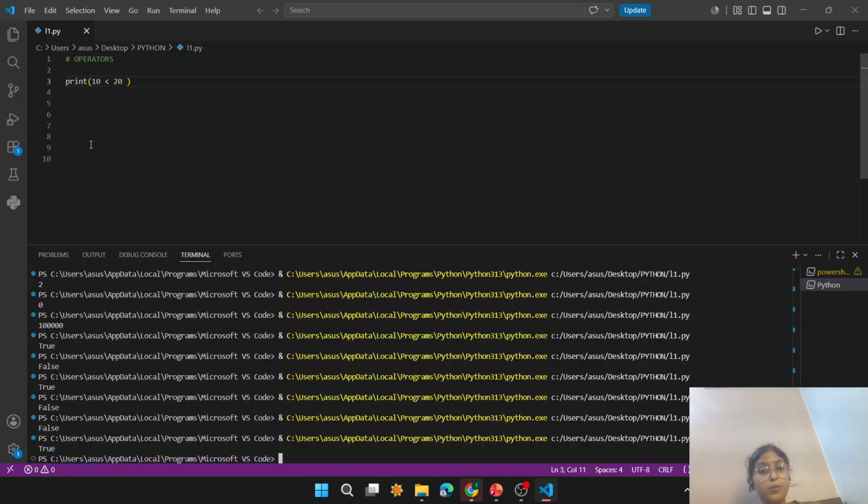So this is how greater than and less than work. You can do one more thing: 20 greater than or equal to 20. The answer is true. What if I use 21? Then again the answer is true, because here we have used two conditions.